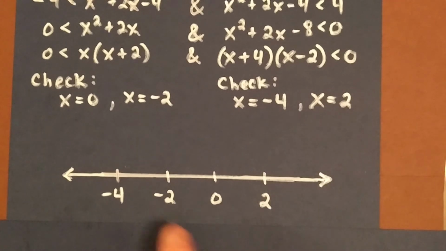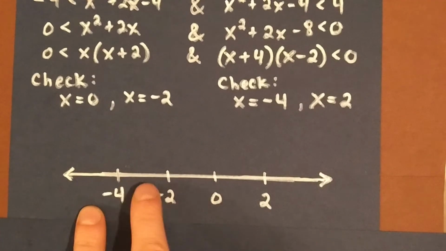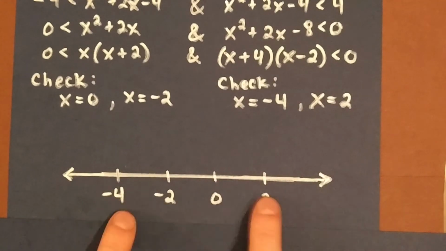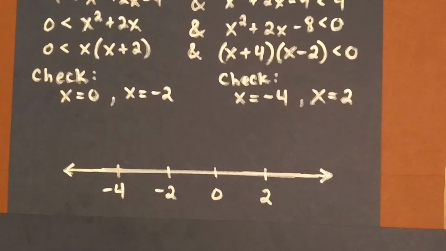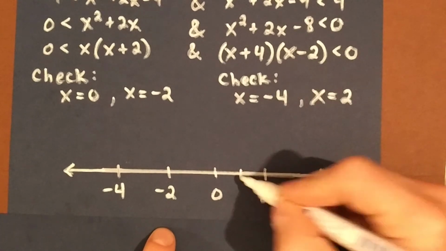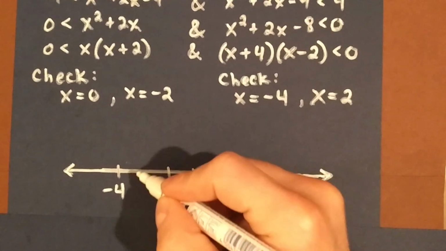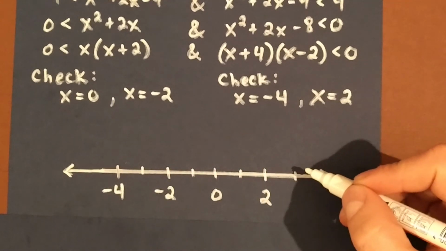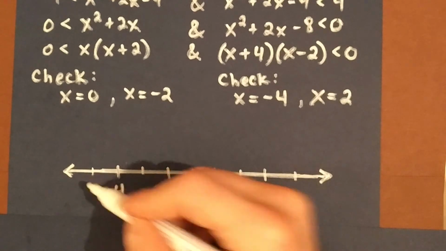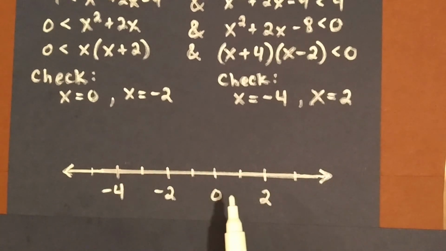So what we need to do is check numbers that are in between these points. We can check, for example, 1, -1, -3, 3, and -5. In fact, you could check any number in between there.